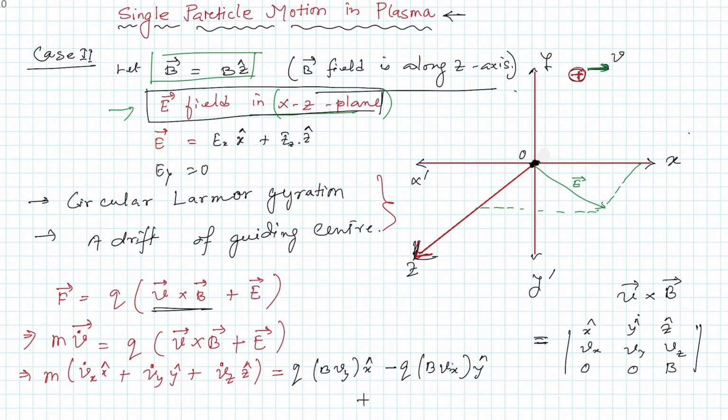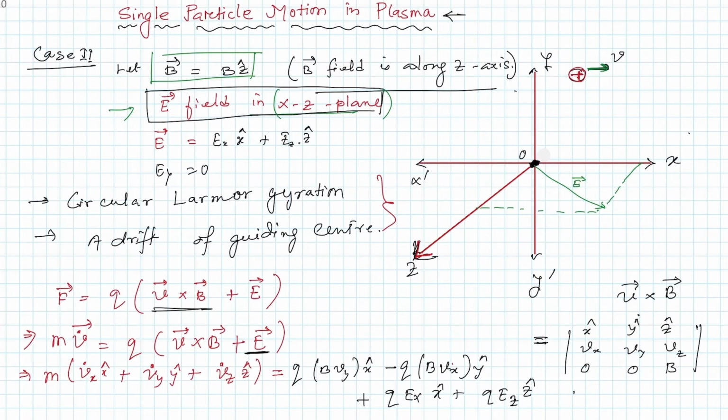Plus Q. Here in this case there will be three components in the electric field also, where the Y component is 0, so we will get Q Ex x cap plus Q Ez z cap.